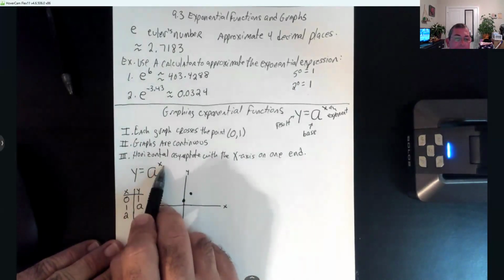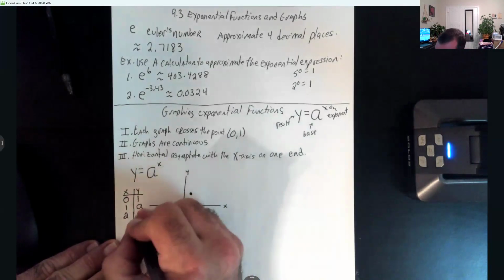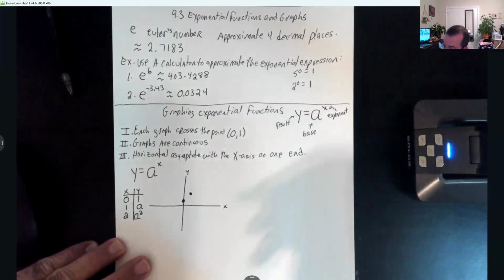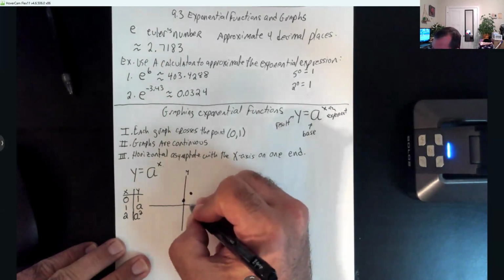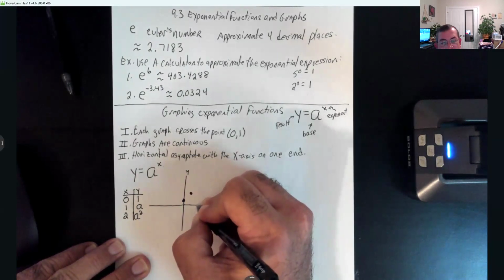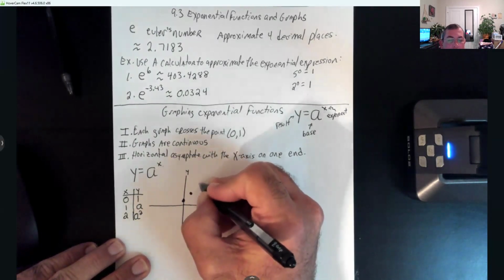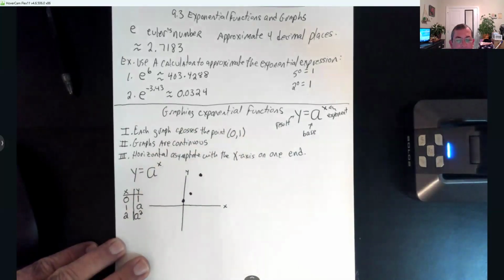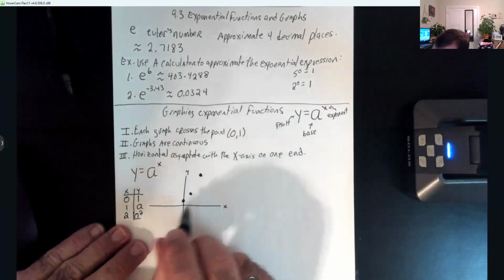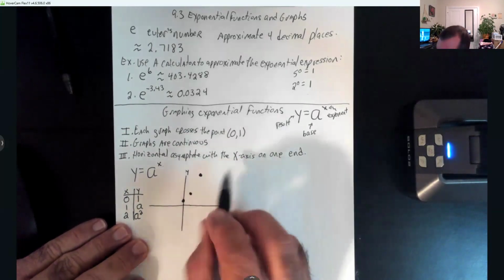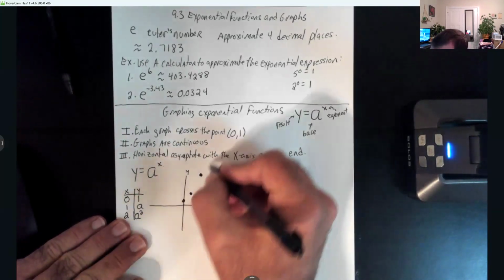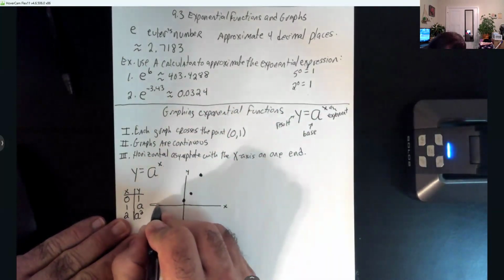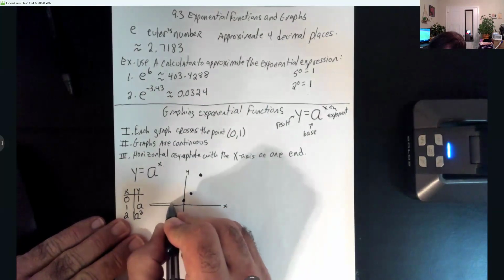If I put a 2 in for the x, I get a squared. Well, y'all, a times a is a squared. So if this was a, and I'm moving over to the next value of 2, well, if you square a number, it's going to get a lot bigger quicker. Okay? So what's going to happen, since one side hugs the x-axis, this one, since the right side's going up towards infinity, that means this left side is going to try to hug the x-axis.